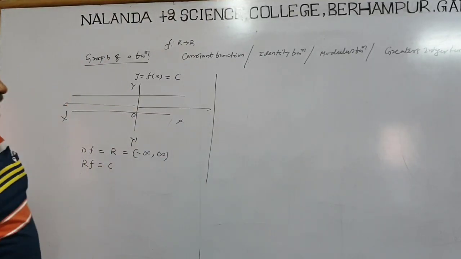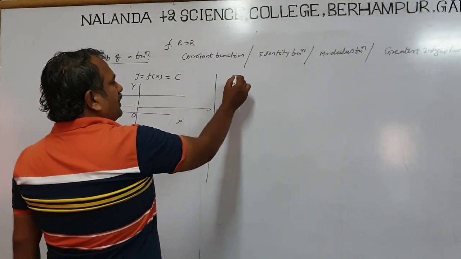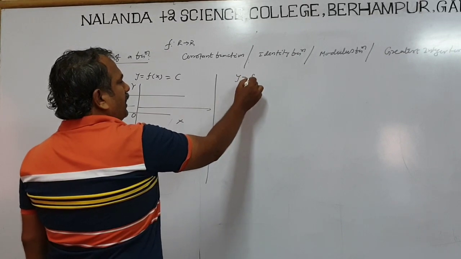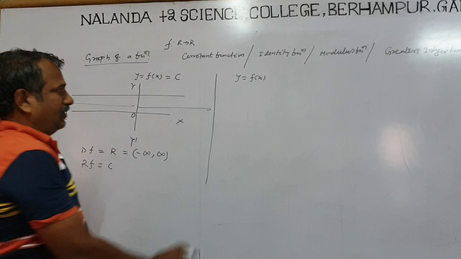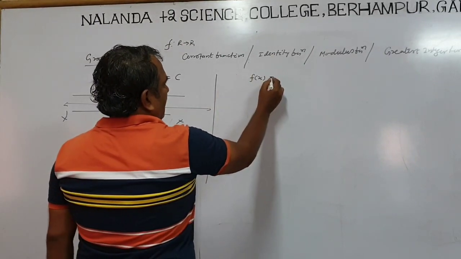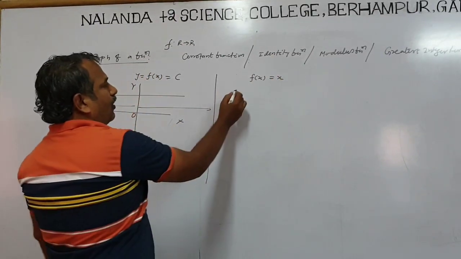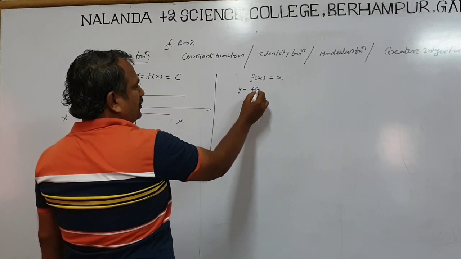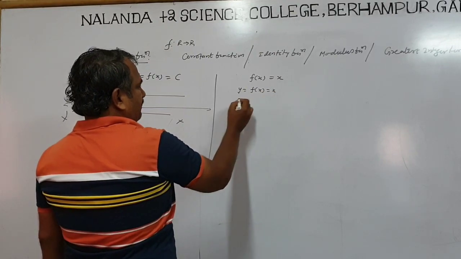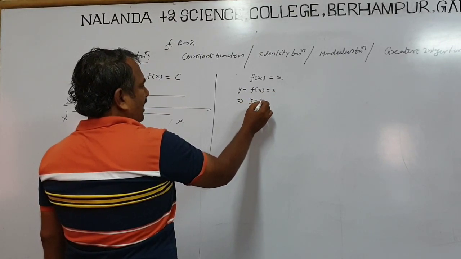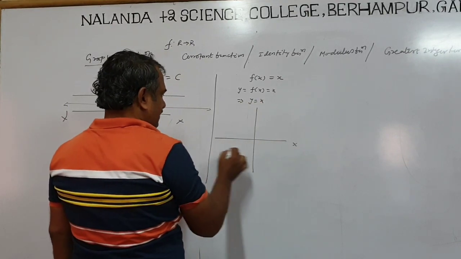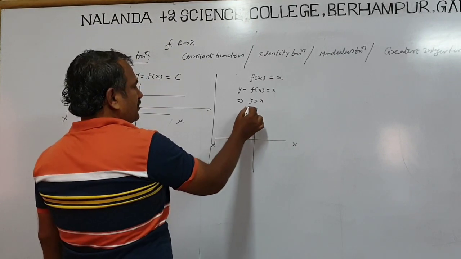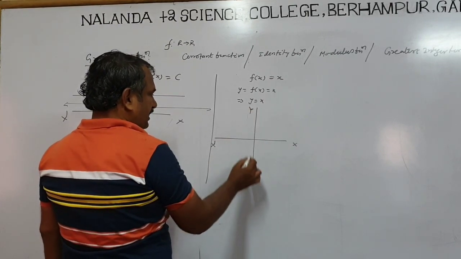the identity function. Identity function means y equals f of x equals x, or f of x equals x, which implies y equals x. Now this is a curve with x dash, y dash.